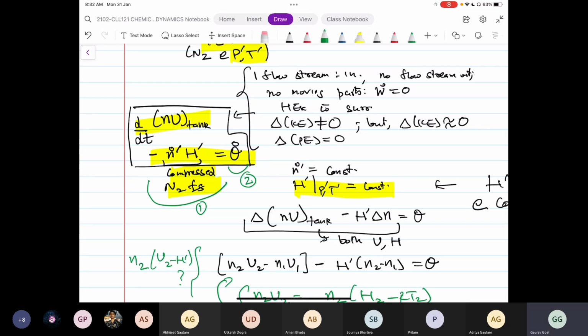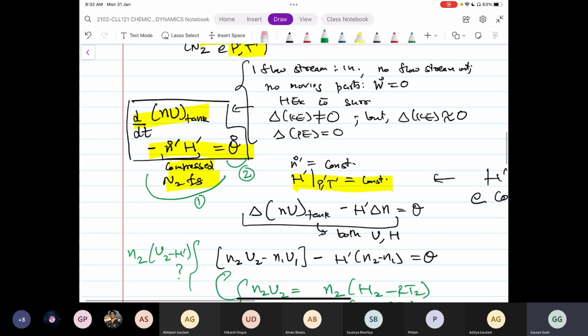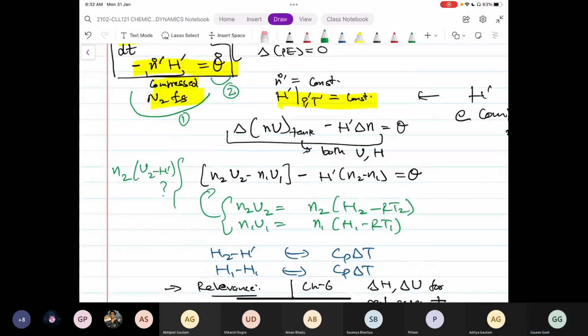So yes, the tank pressure and temperature are different from the compressed airline pressure and temperature. If you look at my use of variables, I am using H prime for the compressed airline, and I'm using subscripts 2 and 1 for the tank conditions. Condition 1 corresponds to T1, P1, and 2 corresponds to T2, P2.